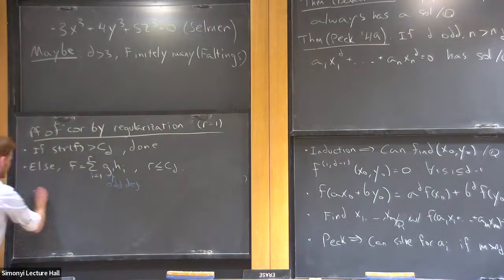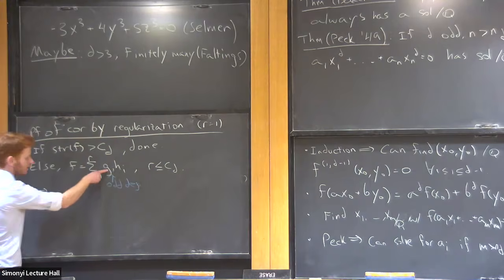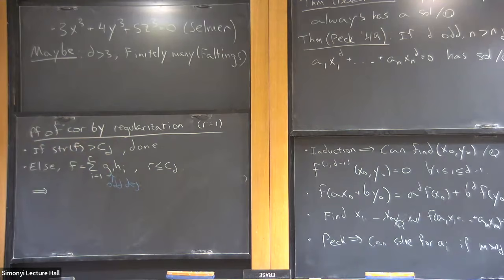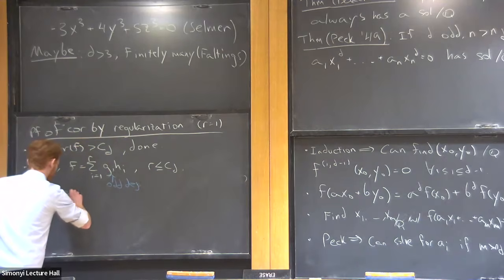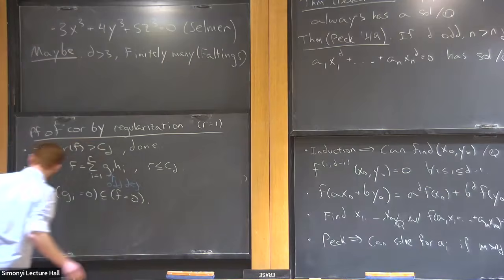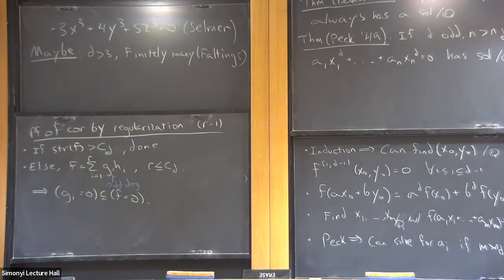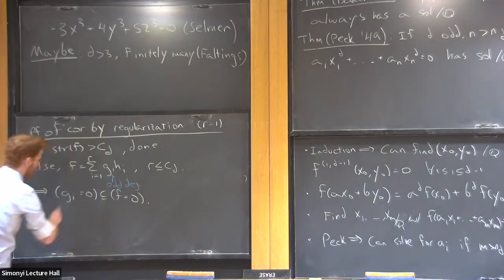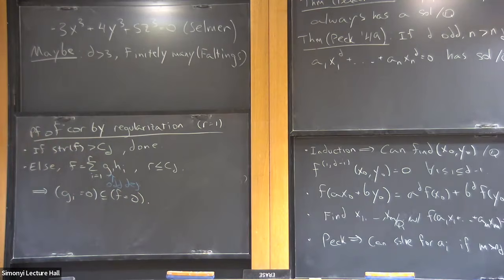And then instead of looking for rational solutions to f equals 0, you can look in the subvariety where the g_i vanish. Okay. So now, what do we do? Well, the only thing to do is look at the strength of the g_i, and hey, maybe we're lucky and Schmidt's theorem applies.